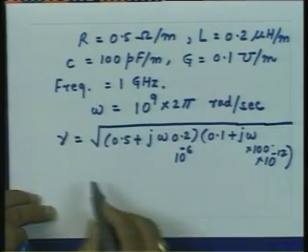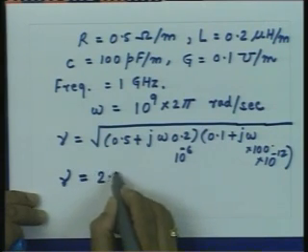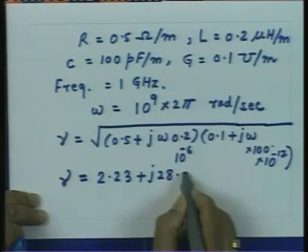Separating out the real and imaginary parts, we get gamma equal to 2.23 plus j 28.2.